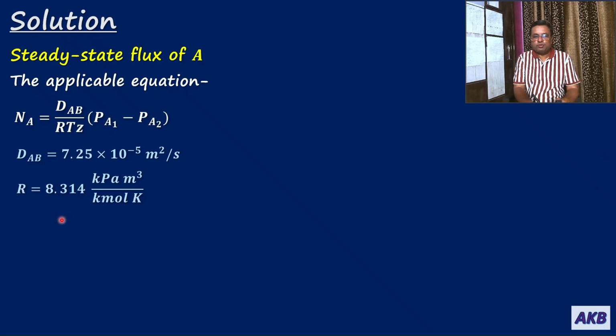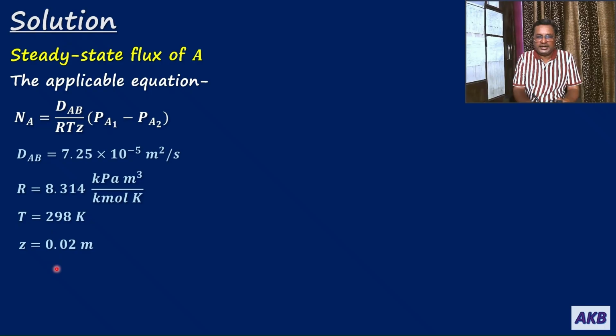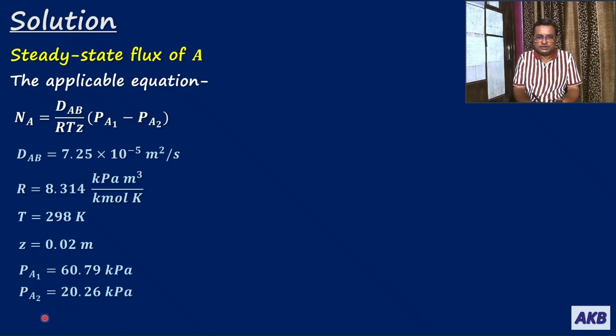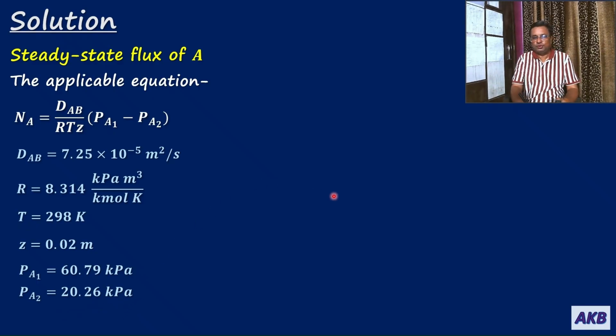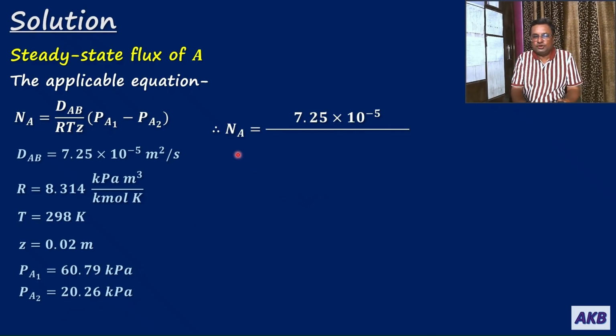So 8.314 is the right value in this case. Then temperature is 298 Kelvin. Z, the length of the diffusion path, is 0.02 meter. PA1 is 60.79 kilopascal and PA2 is 20.26 kilopascal. So we just have to use the given values.